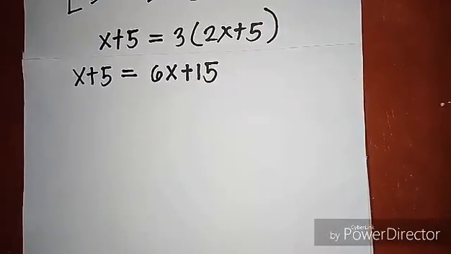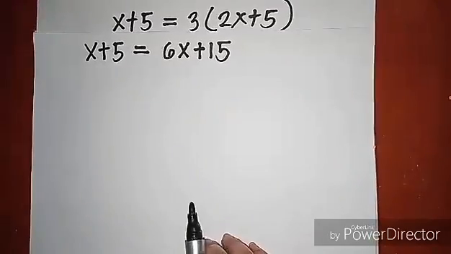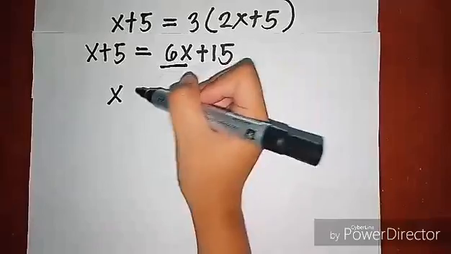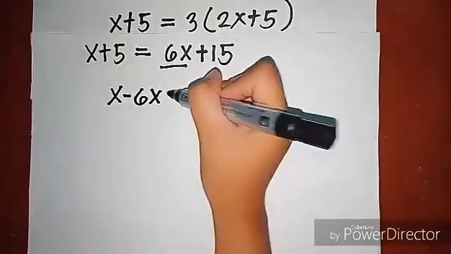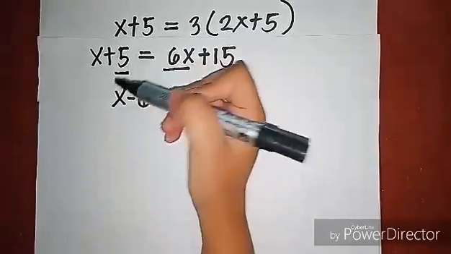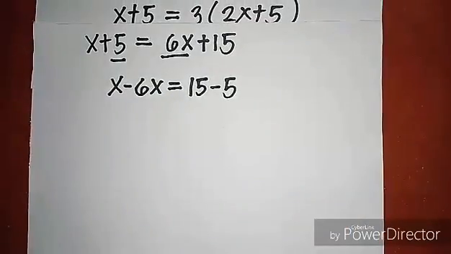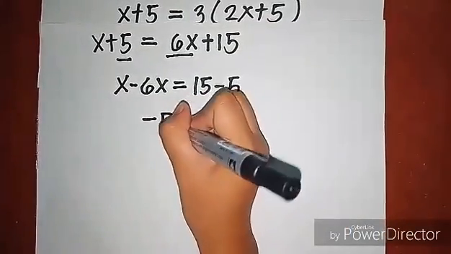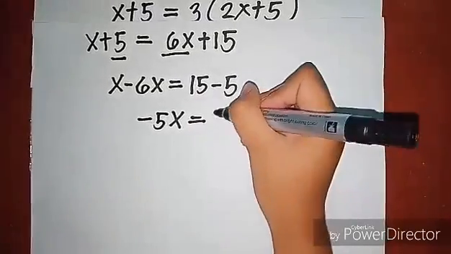So now we can find the value of x by transposing. x, transpose 6x becomes negative 6x, equals 15, transpose 5. Positive 5 becomes negative 5. x minus 6x equals negative 5x equals 15 minus 5 equals 10.